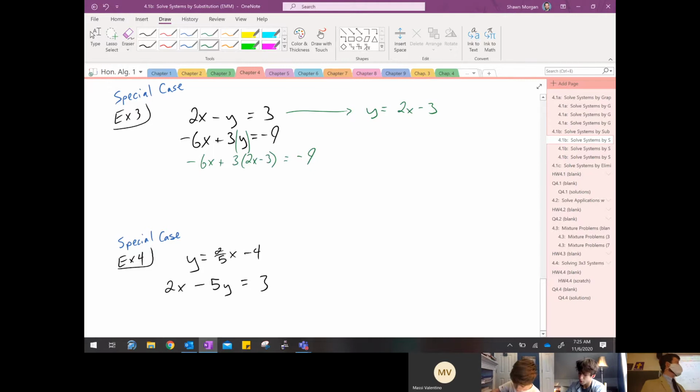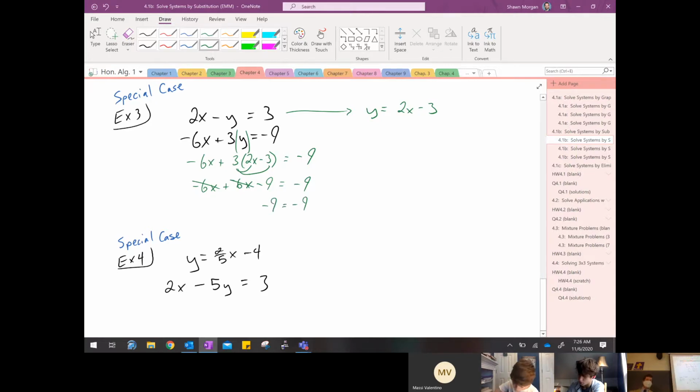Just like in the last example, we're going to distribute. So we got negative 6x plus 6x, 3 times negative 3 is negative 9. Negative 6x, positive 6x, and we're left with negative 9 equals negative 9.